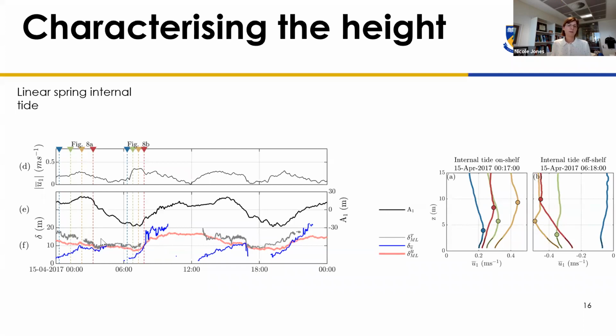So this pink line that we're measuring, decreasing and increasing, is largely doing so because of the straining of the pycnocline rather than actual changes in growth due to mixing processes.